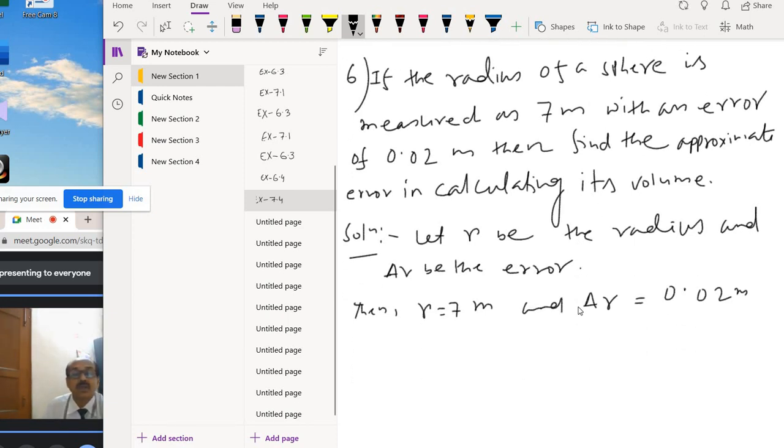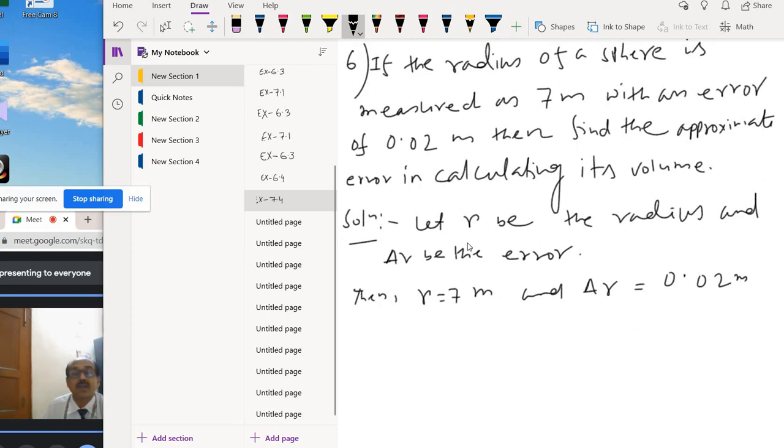Now find the approximate error in calculating its volume, and it is a sphere.